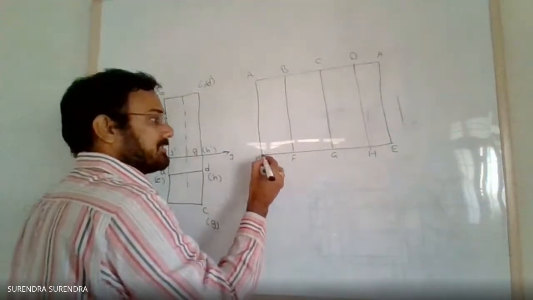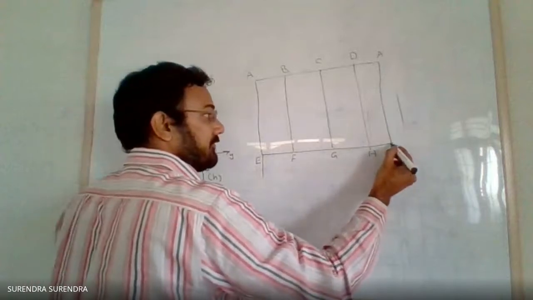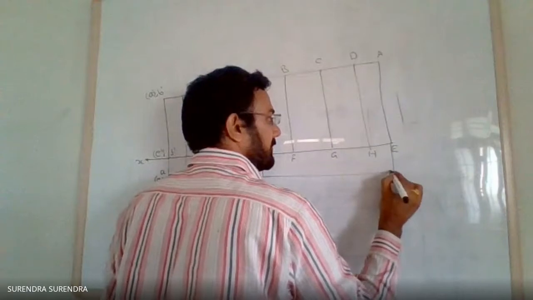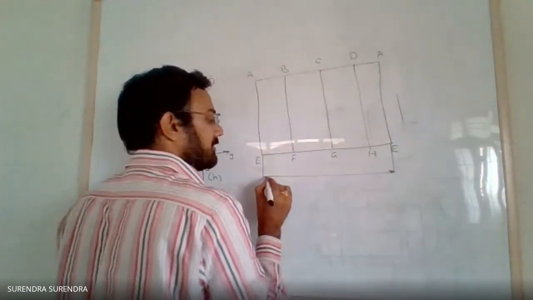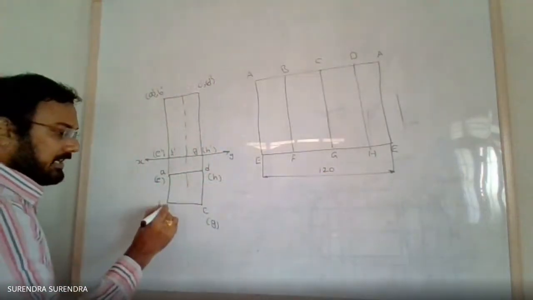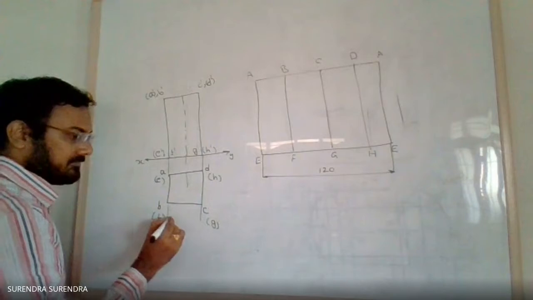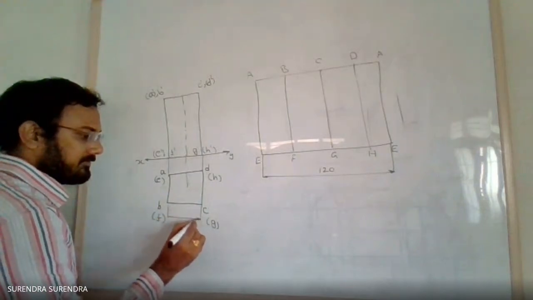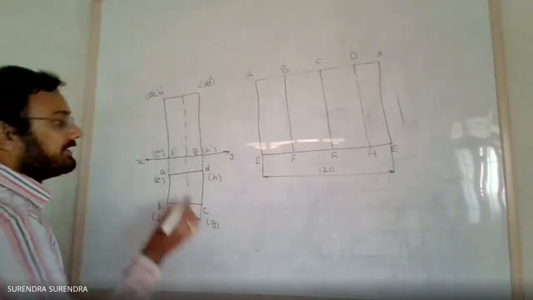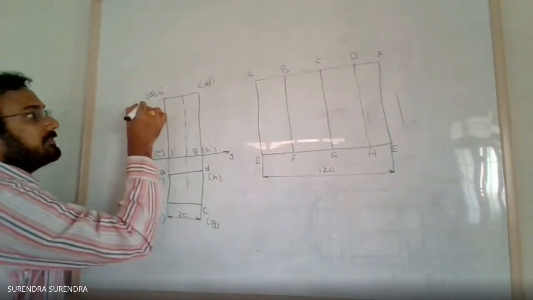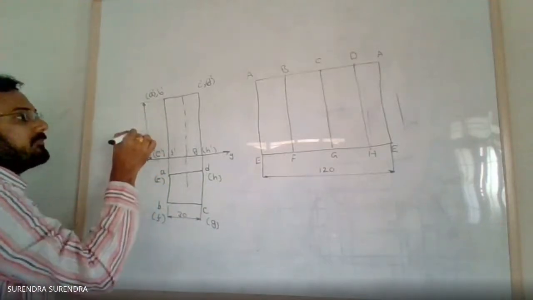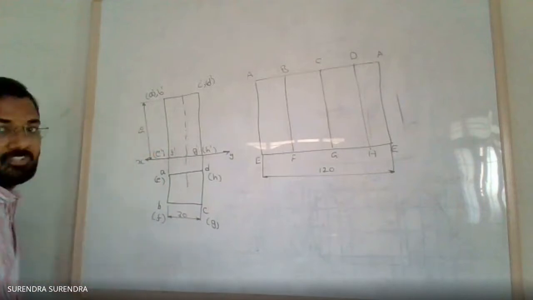Coming to dimensions, we have to represent the dimension of its total length. It is 120 mm, and the side length 30 mm, axis height 50 mm.